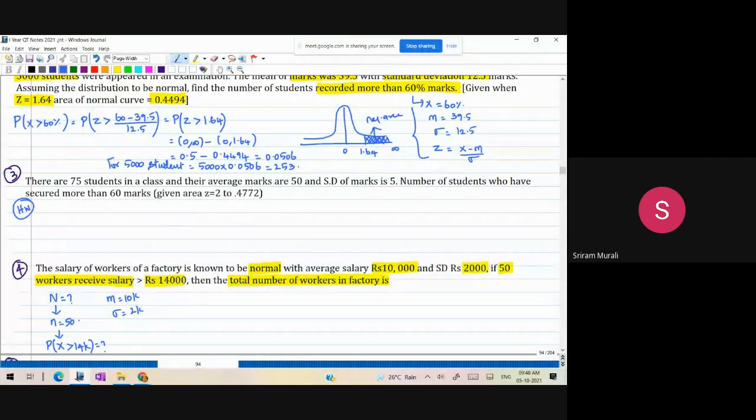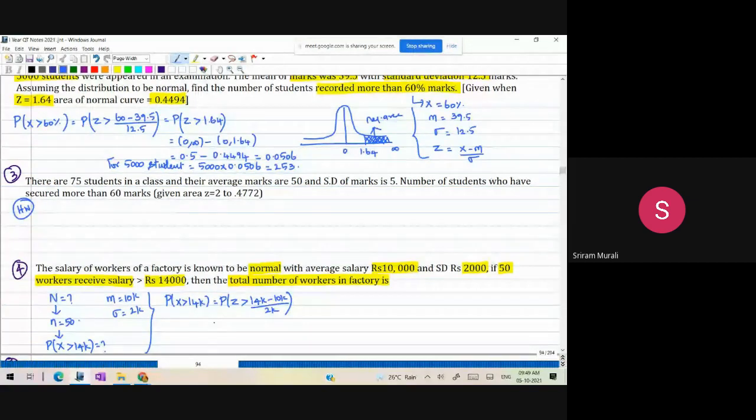Also, you know how to convert into Z. These are all given data. So probability of X greater than 14K is equal to probability of Z greater than (14K minus 10K) divided by 2K.